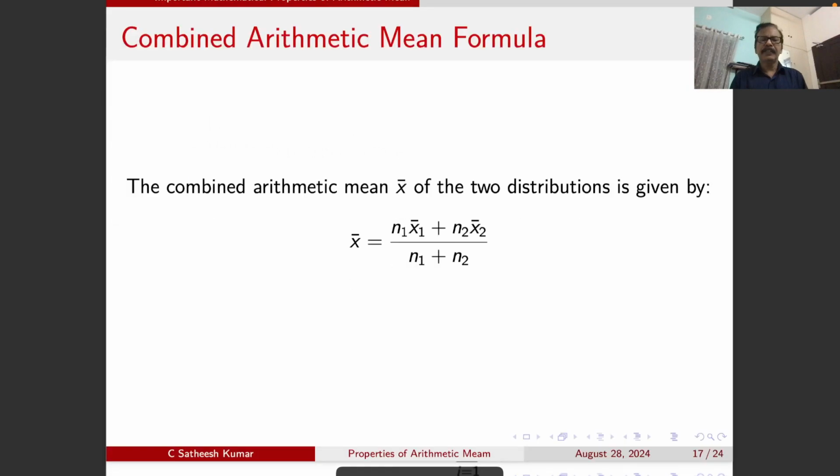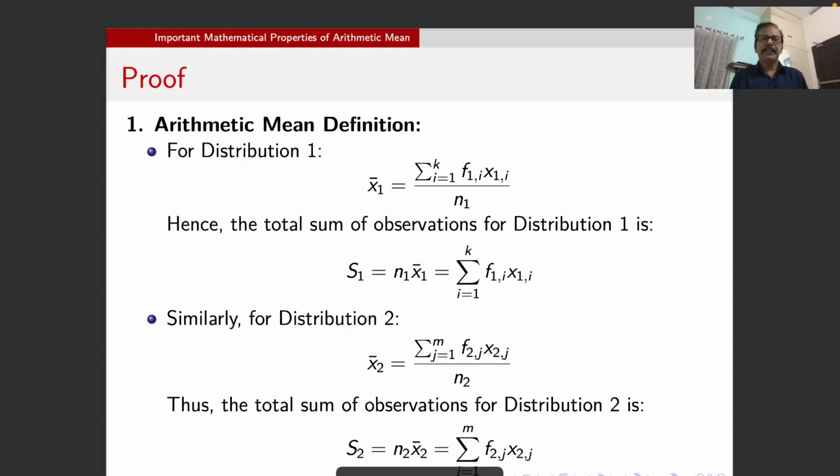Now in the case of the first distribution, x1 bar means summation i equal to 1 to k f1i x1i by n1. Here k is n1. So it is the sum of the observations multiplied by the corresponding frequency, since it's a frequency distribution, f1i into x1i by n1.